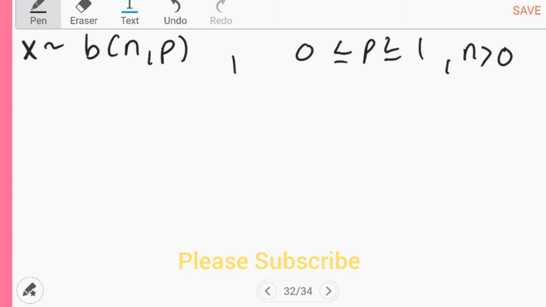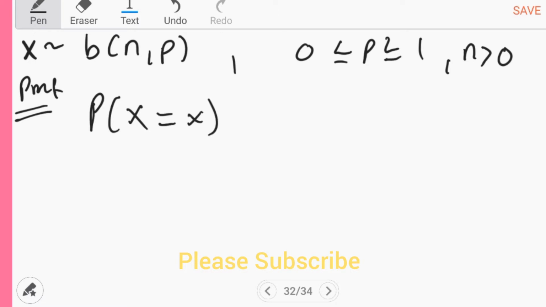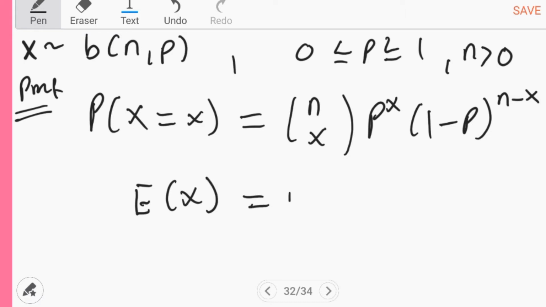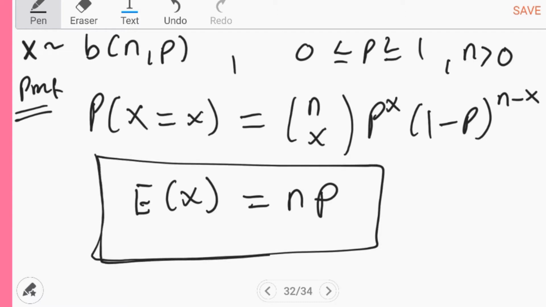Now let's recall that the PMF for the binomial can be written as P(X = x) = n choose x, p to the power x, (1 minus p) to the power n minus x. Our interest here is to show that the expected value of X is equal to np. So this is what we want to show.